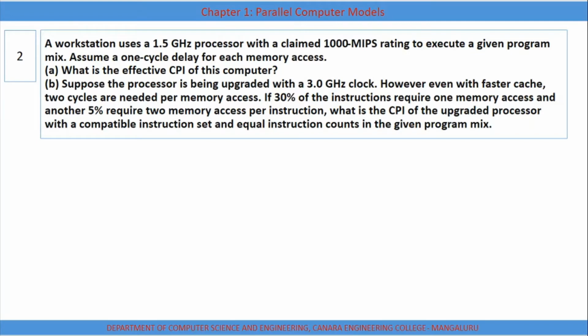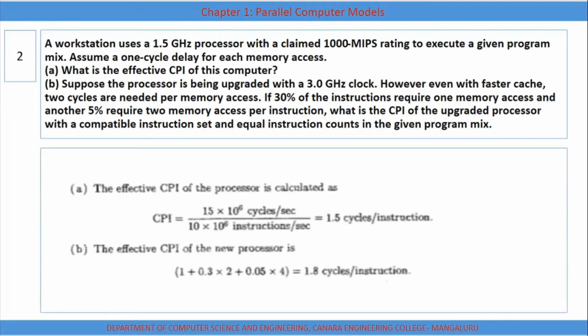So 2 memory accesses per instruction into how many cycles per memory access? It is 2. So 2 into 2, 4 cycles required. So these are the observations we can make. Then we'll calculate the final answer.